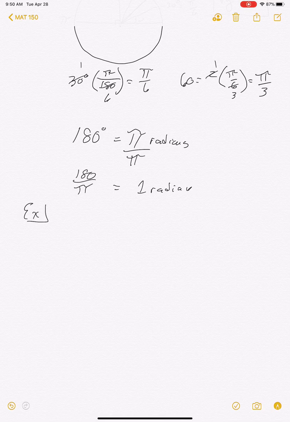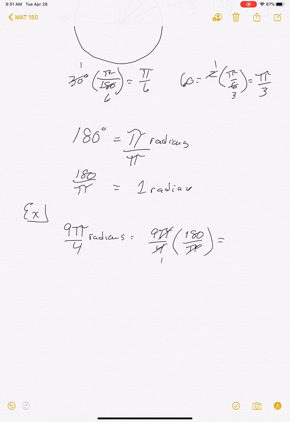So if I gave you an angle measure, 9 pi over 4 radians, this is just 9 pi over 4 times 180 over pi. Obviously the pi will cancel. 4 goes into 180 45 times. 45 times 9 is 405 degrees. So I can go between radians and degrees, and degrees and radians. That's going to be important and helpful.